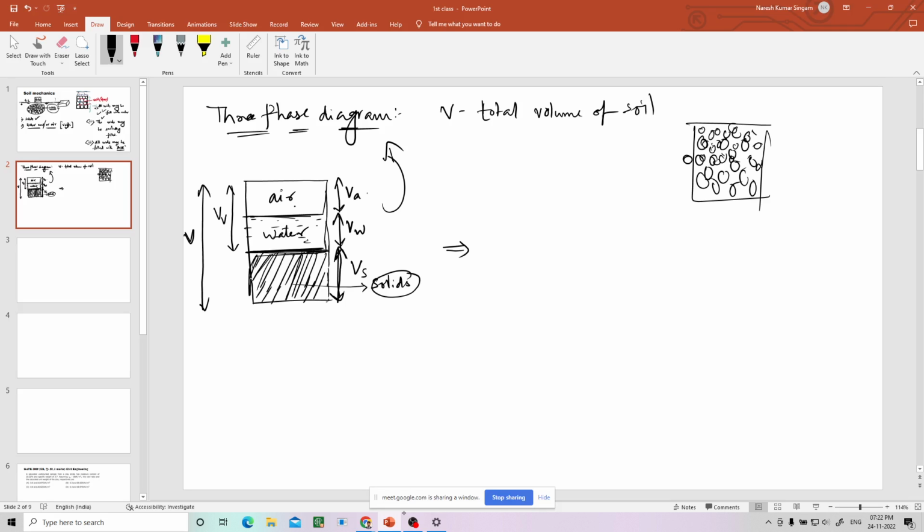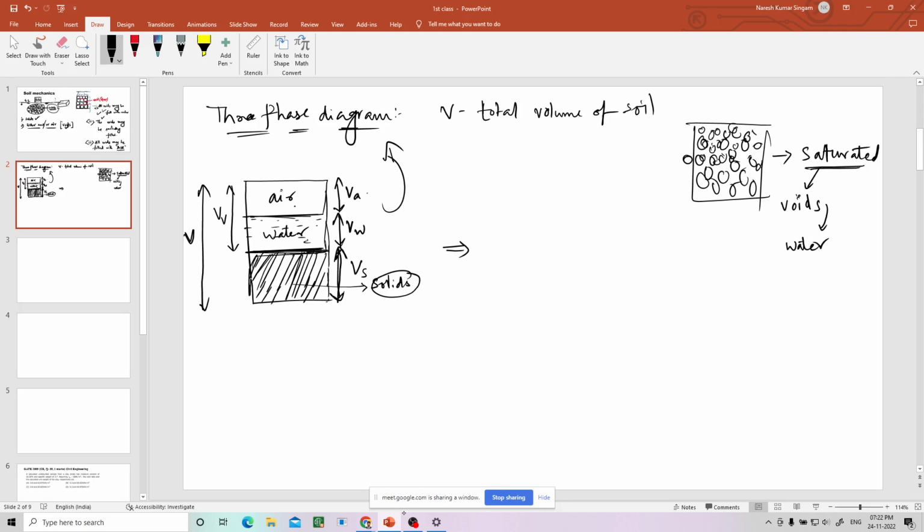Whenever all the voids are filled completely with water, that is called saturated. It's a general term that we might have heard. A saturated condition means the voids are completely filled with water.